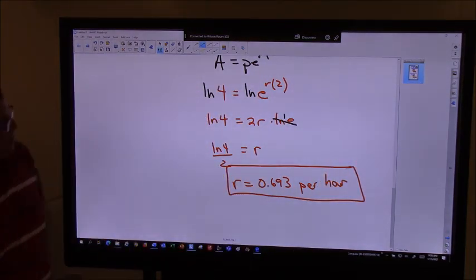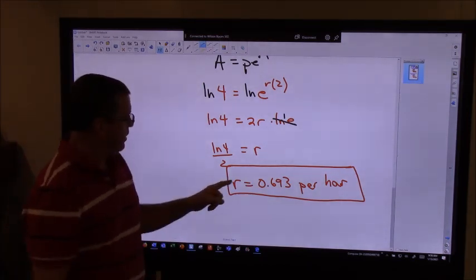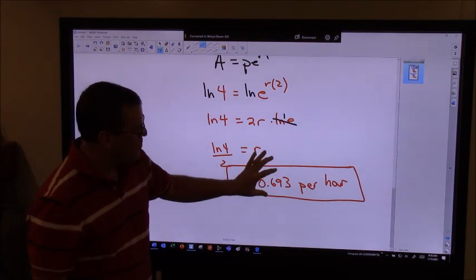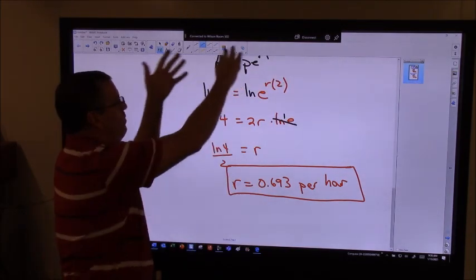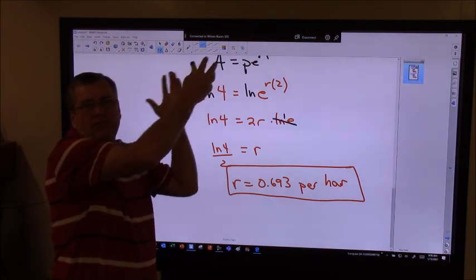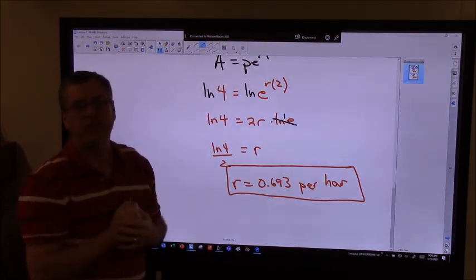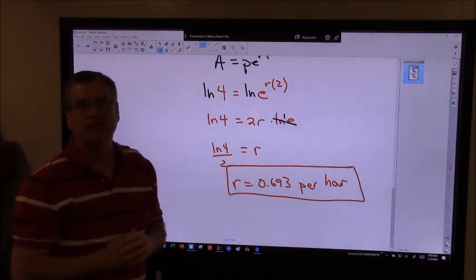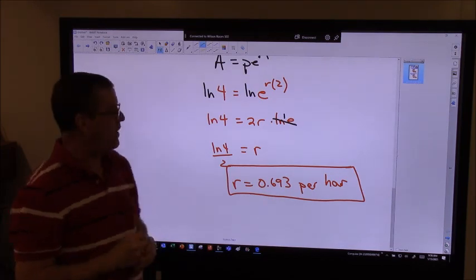Right? So eventually what we want to be able to do, and this is what we'll see on Wednesday, is we want to then be able to take this growth rate and predict how big the virus is after a certain amount of time. I don't know what this means when you say a virus. How big is it in a week? Well, how many hours are in a week? We'd have to go through and figure that out.